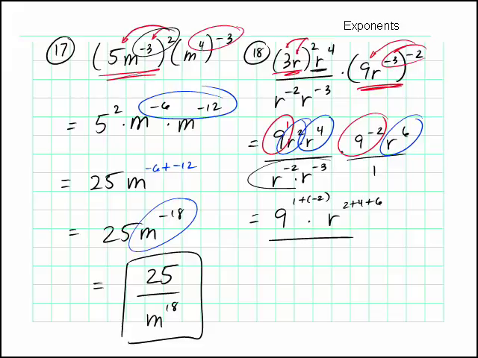Down here, I add those exponents, so that's going to be r to the negative 2 plus negative 3. So I now have 9 to the negative 1, r to the 12th over r to the negative 5.